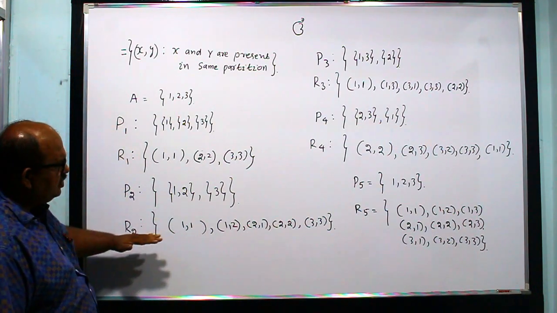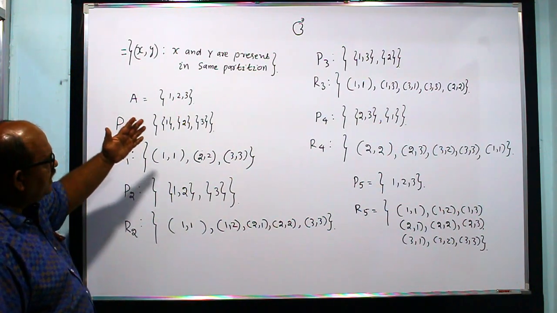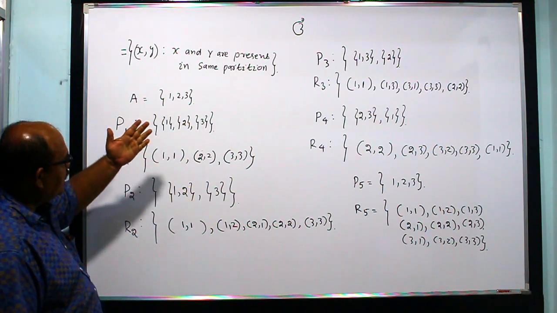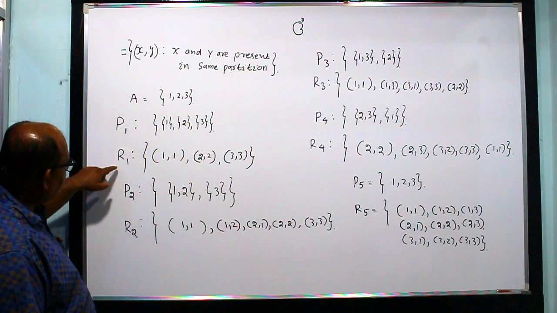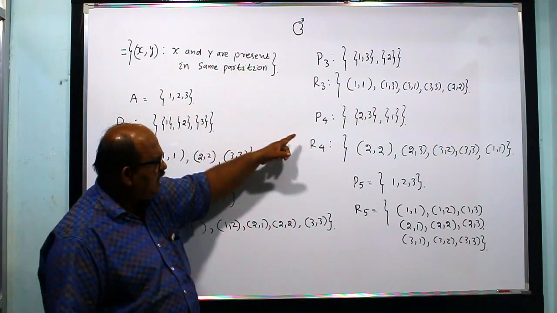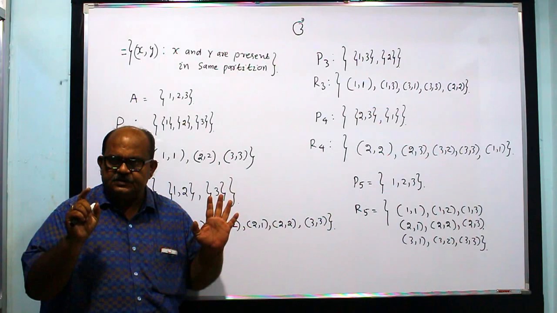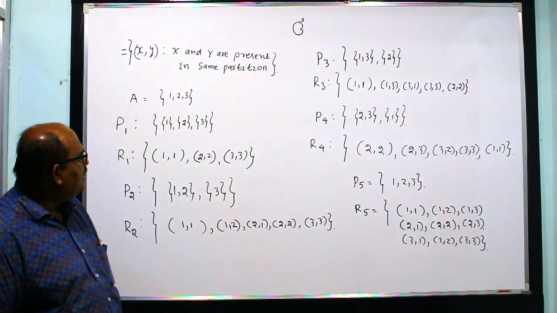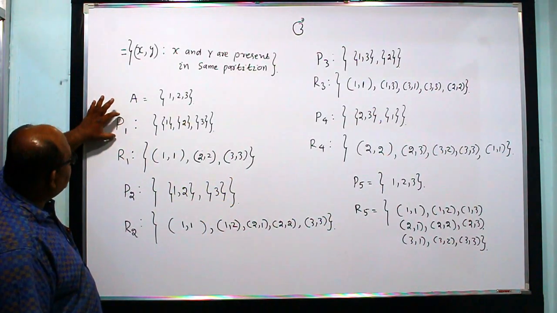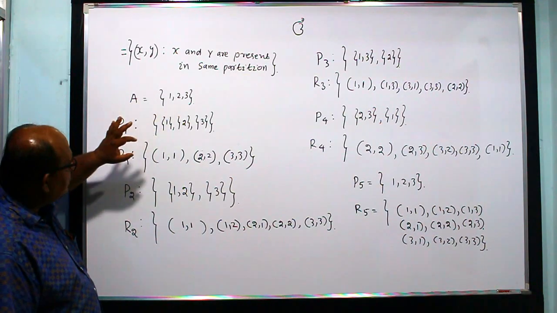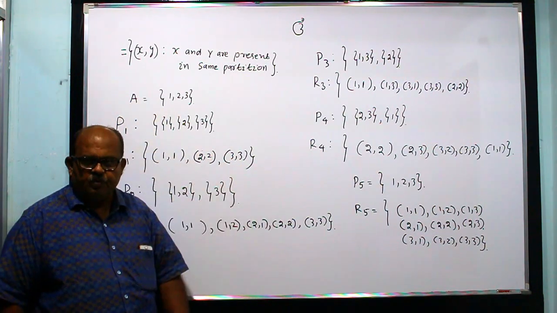Clearly this is also an equivalence. You can verify yourself. R1, R2, R3, R4, R5 are all equivalence relations. So the conclusion is, if we are writing a binary relation for a partition, then it must be an equivalence.